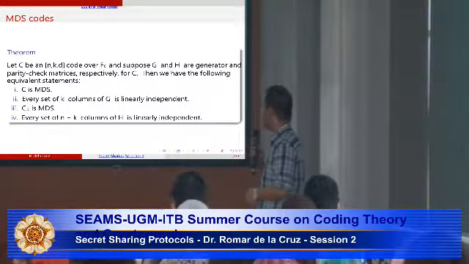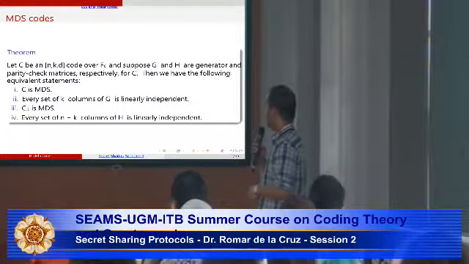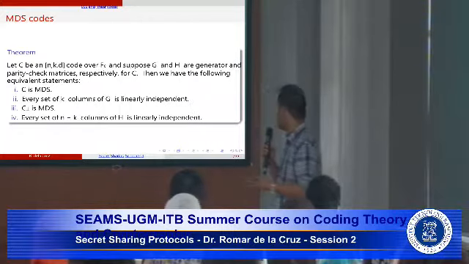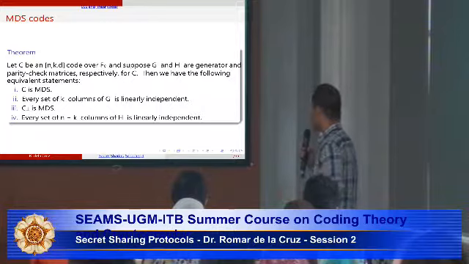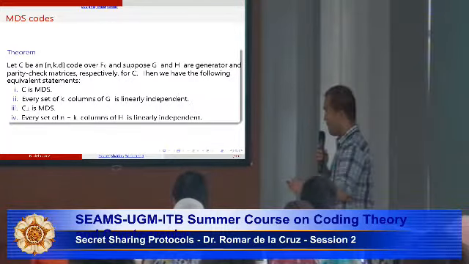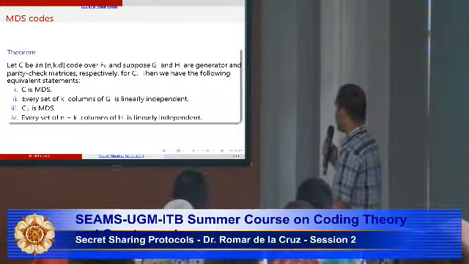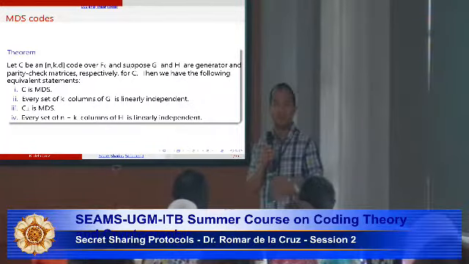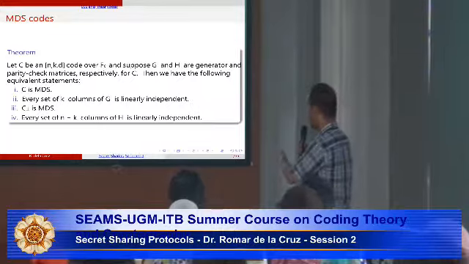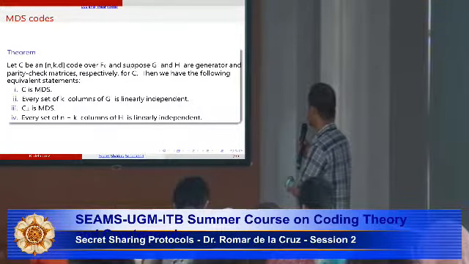C is MDS. Every set of k columns of G is linearly independent. The dual code is also MDS. And every set of n minus k columns of H is linearly independent. So these are some of the characterizing properties of MDS codes.